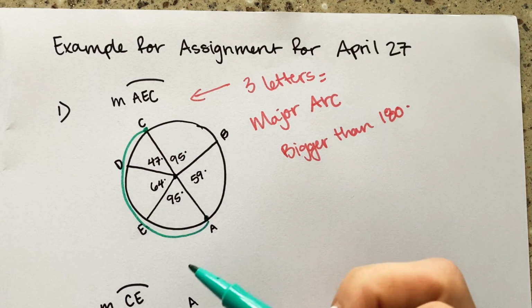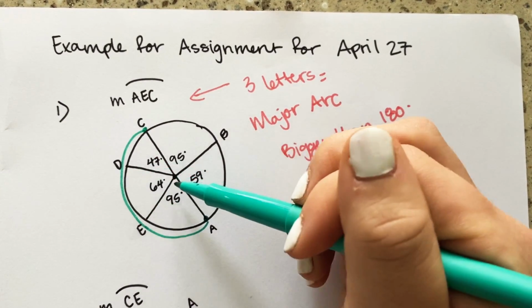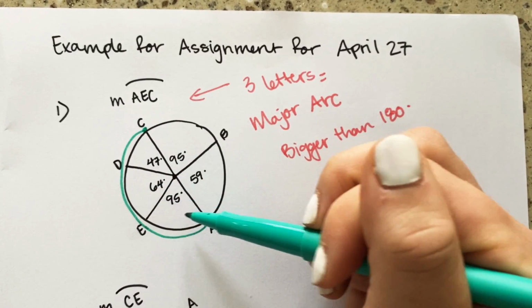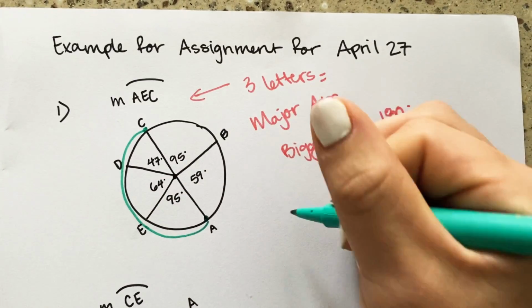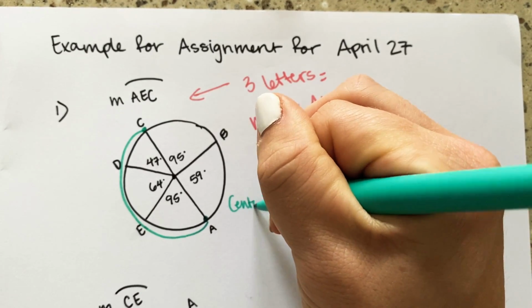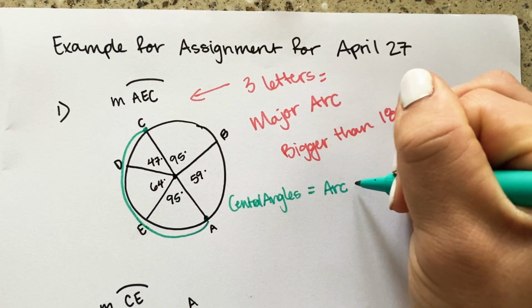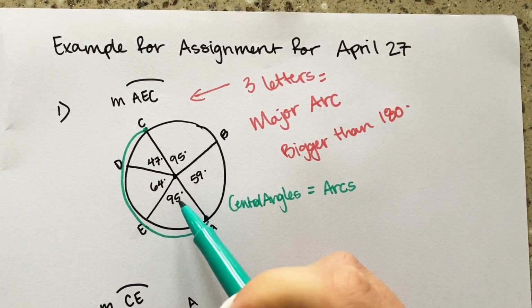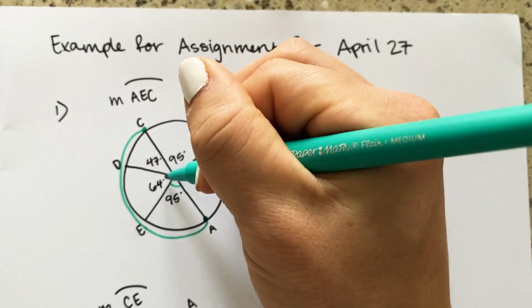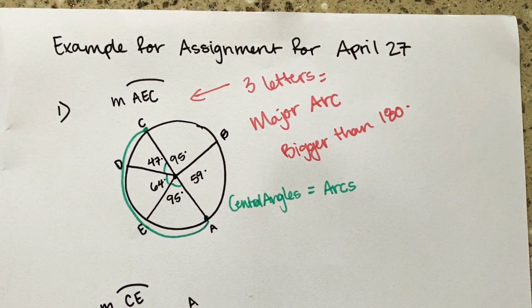So what we're actually going to do is, in order to find this arc, remember how the angles and the arcs are equal. In fact, I'll make that little note. Central angles are equal to their corresponding arcs. That means that all we have to do is add up each of these angles that it gives us to find that corresponding green arc.